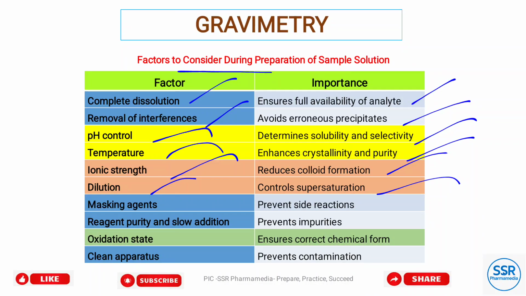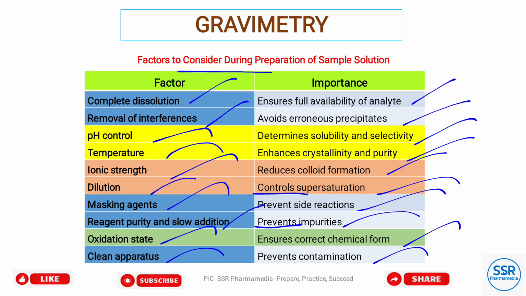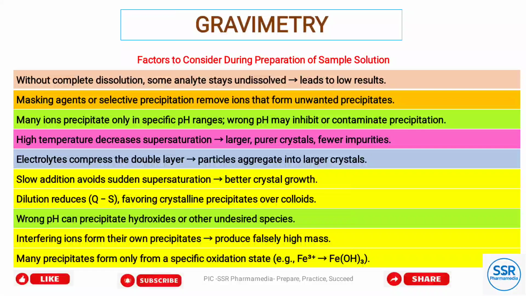Dilution controls colloidal supersaturation. Masking agent prevents side reactions. Reagent purity and slow addition prevent impurities. Oxidation state ensures correct chemical form. Clean apparatus prevents contamination.